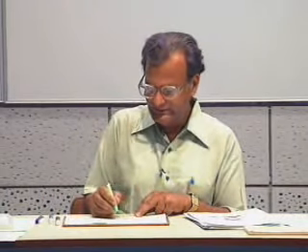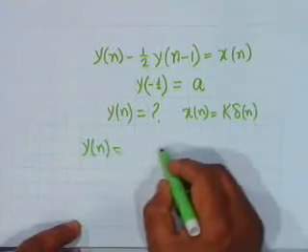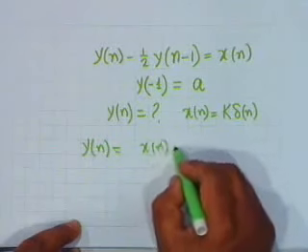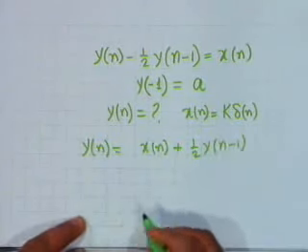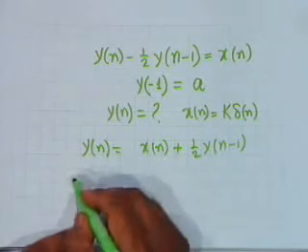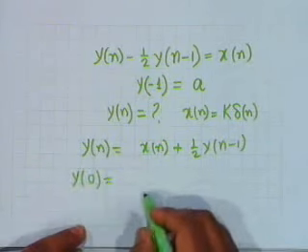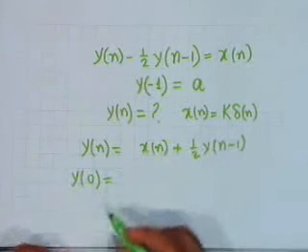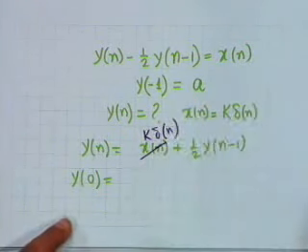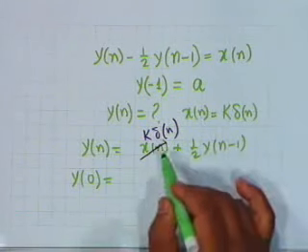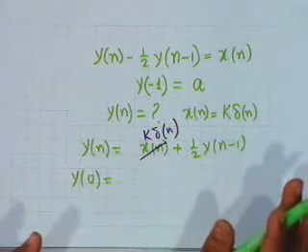To do that, we can do it recursively. We can write y of n as equal to x of n plus half y of n minus 1. If we take n equal to 0, y of 0 is k delta n, which shows its state only when n equals 0. It does not have any other effect.